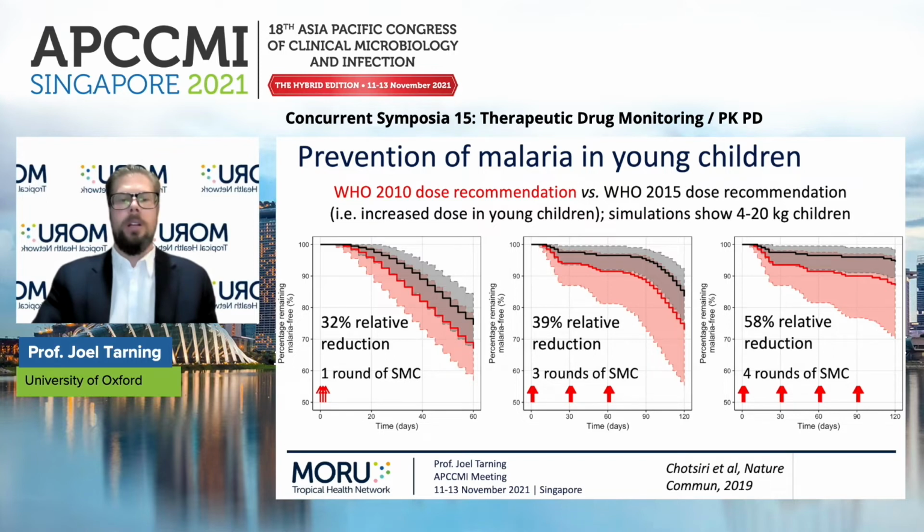If we have 3 rounds of SMC during the 3 months of high transmission, we can achieve a 39% relative reduction of malaria with the higher dosing in young children. If we add another round of SMC, giving us a total of 4 rounds of seasonal malaria chemoprevention, that can give us close to 60% relative reduction of malaria. So a huge increase.